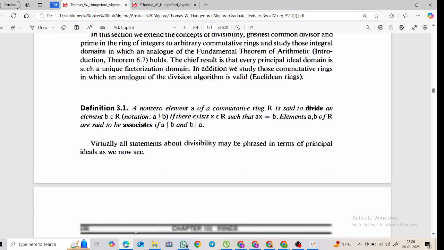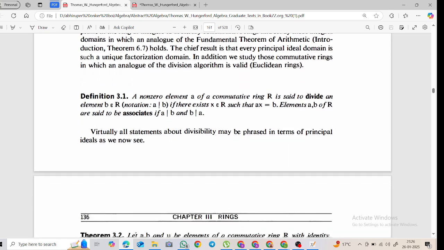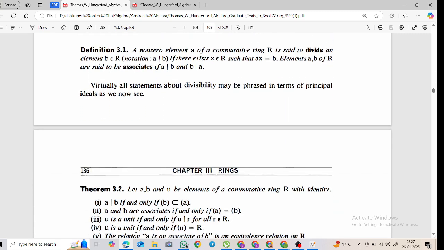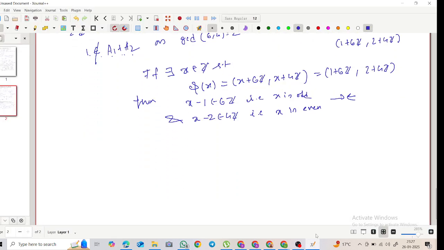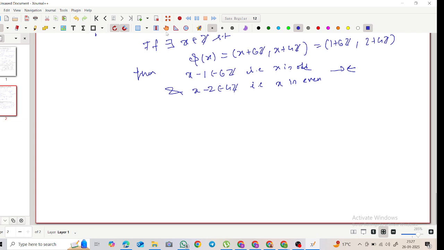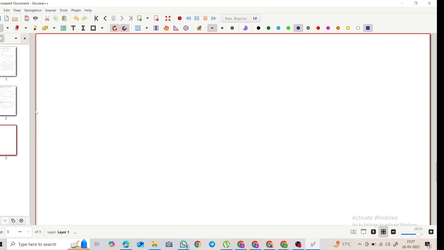So let's move on to factorization in commutative rings. More or less, you can say in a general manner that in our discussion of commutative rings, we try to find rings which have the similar properties of Z. Like there is a division in Z. Every ideal in Z is principally generated.